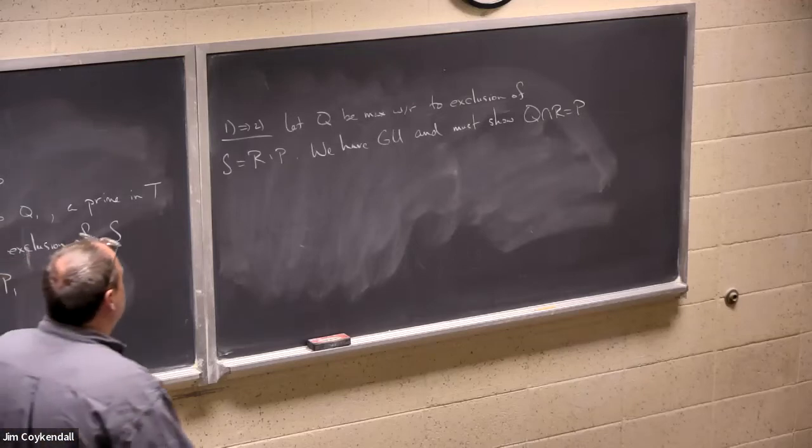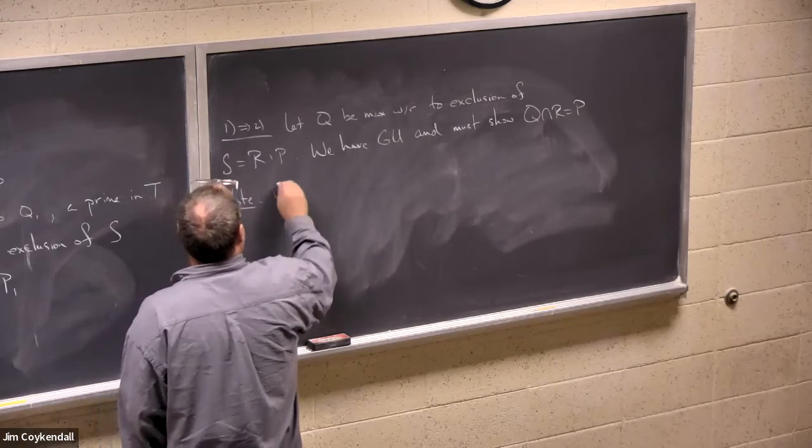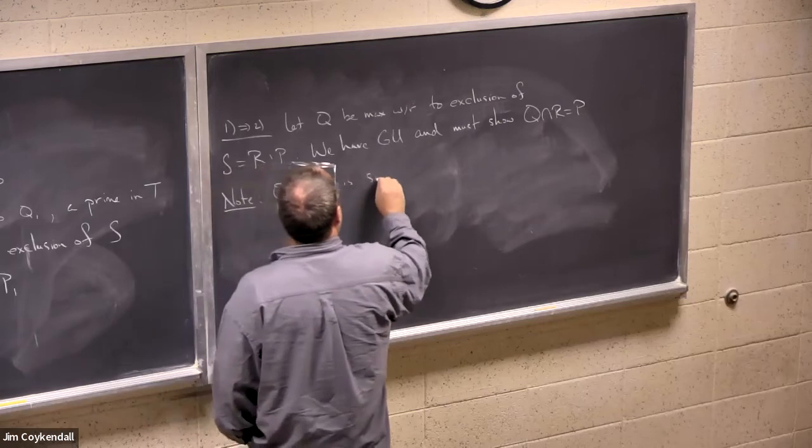So we know that Q intersect R is some prime.